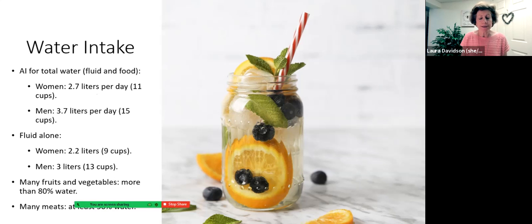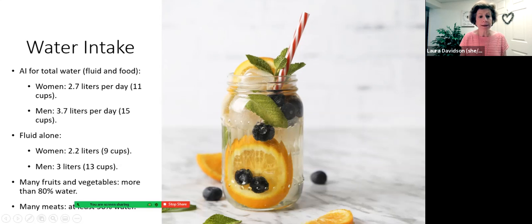As far as water intake, we've widely used the rule of 8 cups of water per day, but this is certainly not perfect because water needs vary so dramatically depending upon your life situation. So let's look at the adequate intake for water. For women, it is 11 cups, food and fluid, and that translates to about 9 cups of fluid alone.